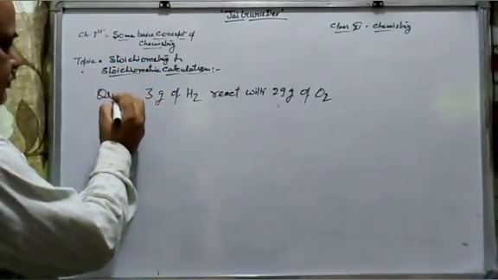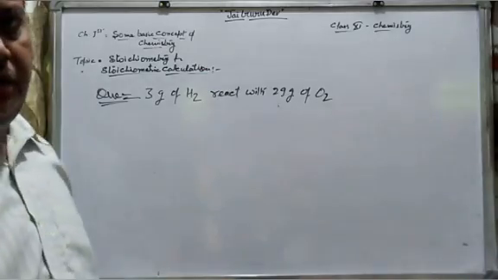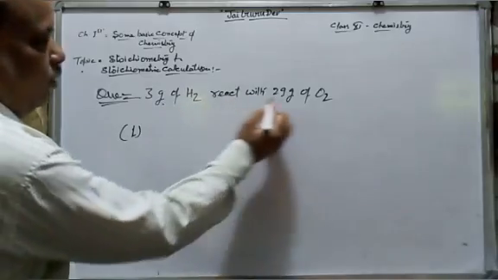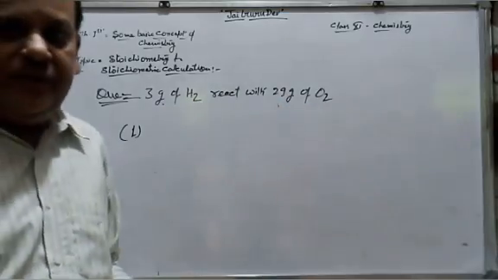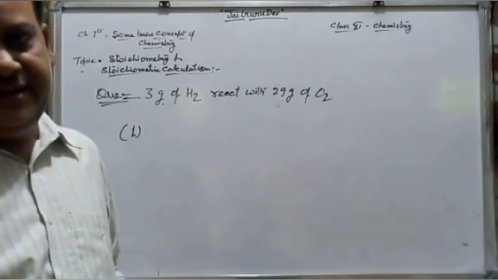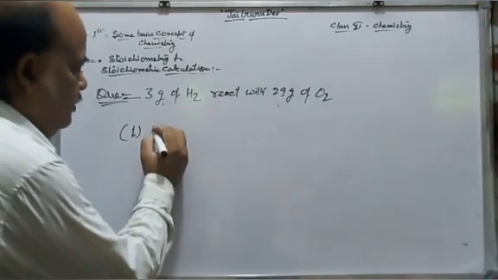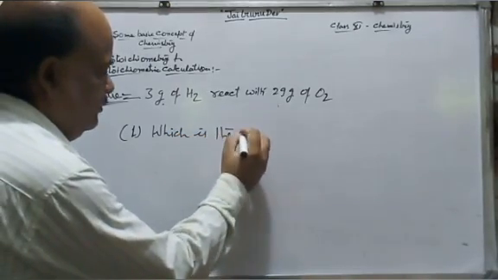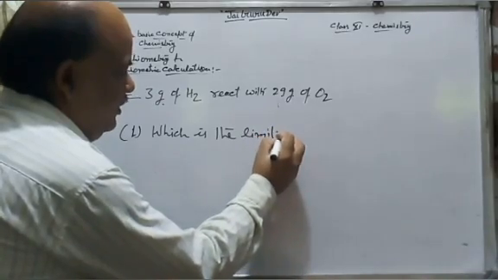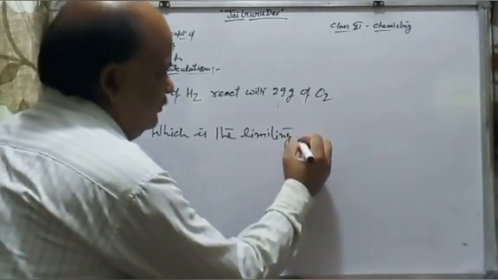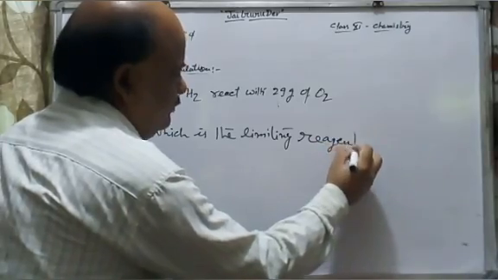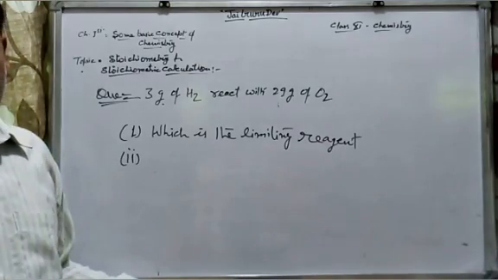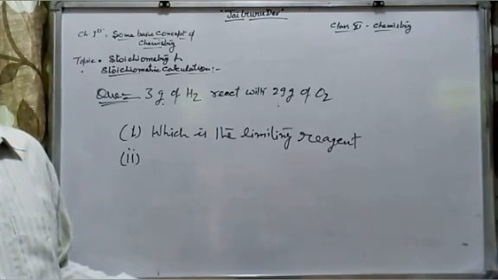Okay. Calculate. Number one. These are two reactants, hydrogen and oxygen. Calculate which is the limiting reagent. Second, calculate the amount of H2O formed.